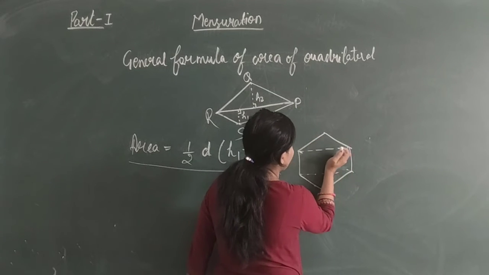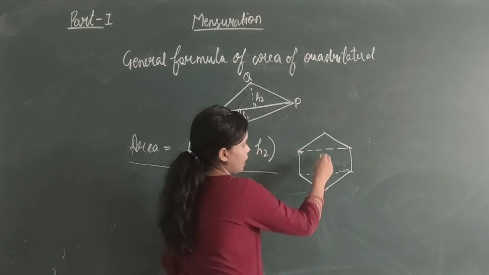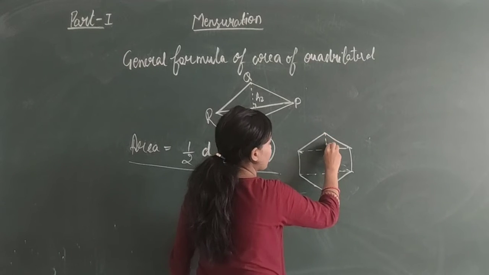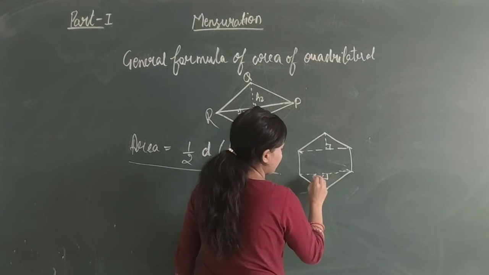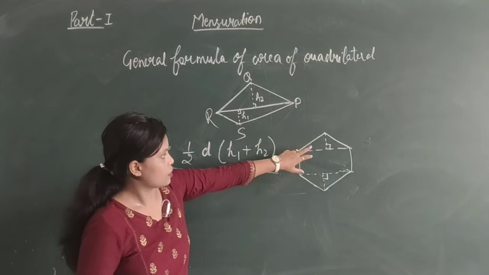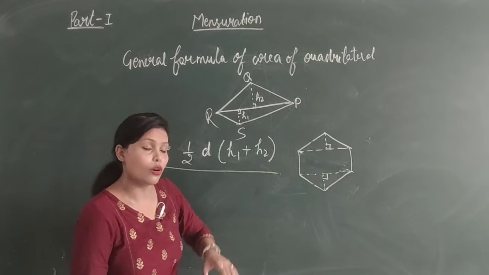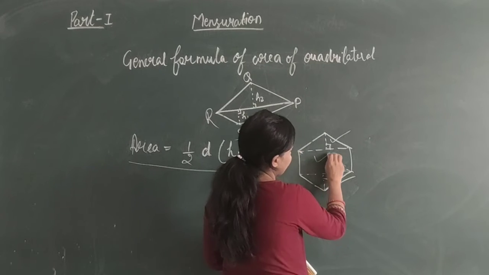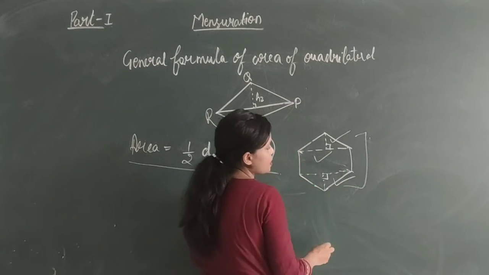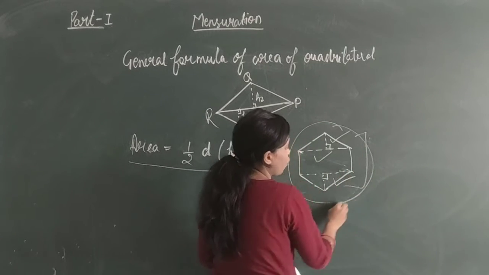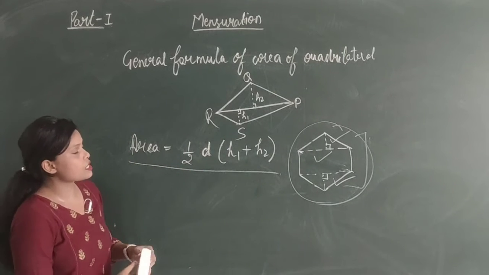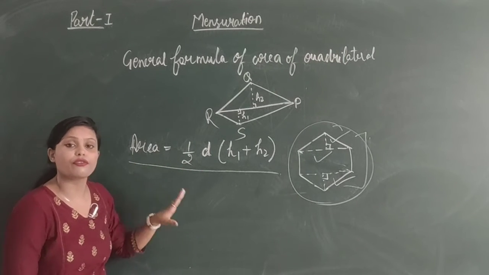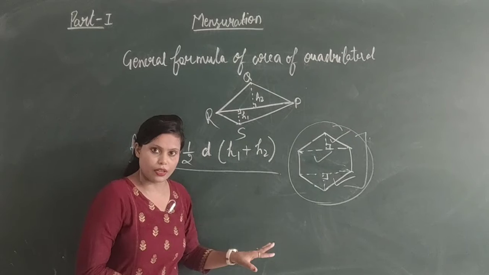Suppose I got two triangles and one rectangle. So if I find this area and this area and add up all these, I will get the area of this whole polygon. So this is how you can find the area of any polygon you are given.